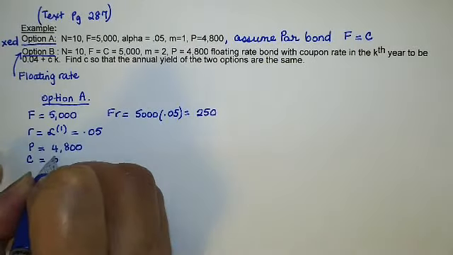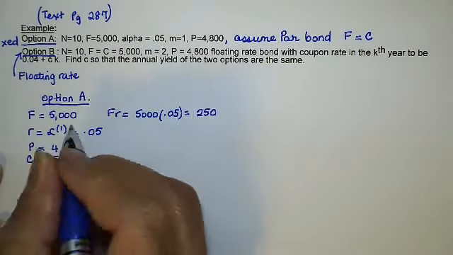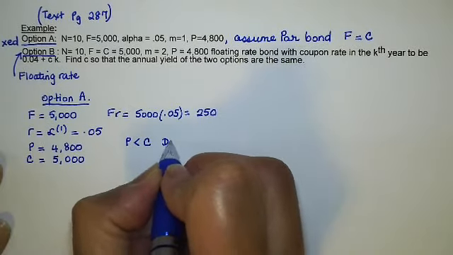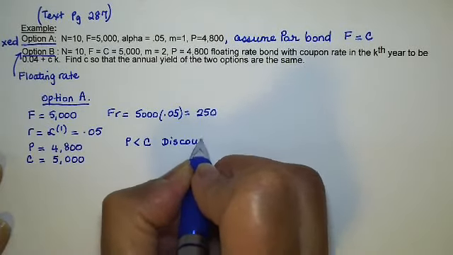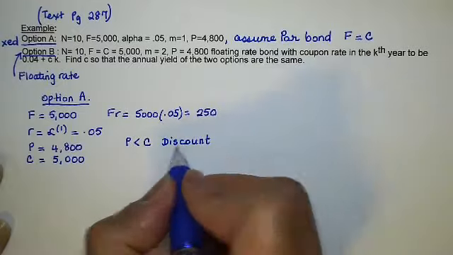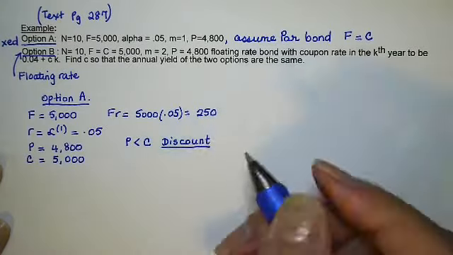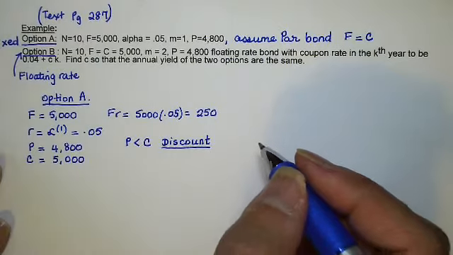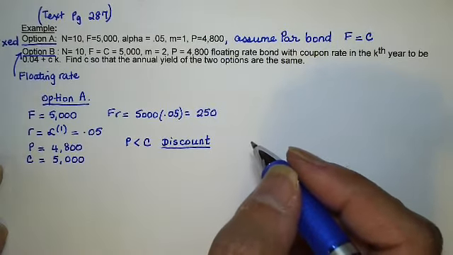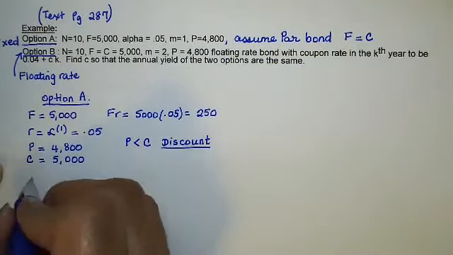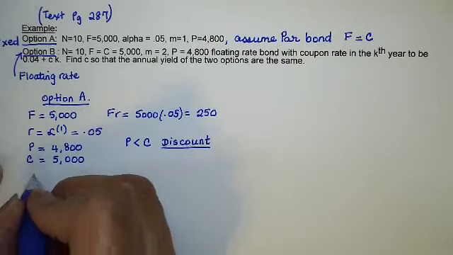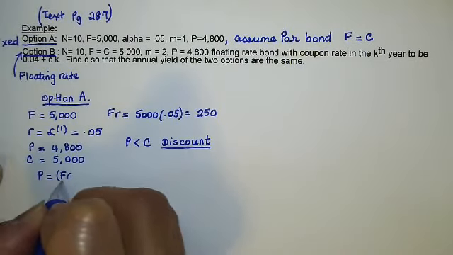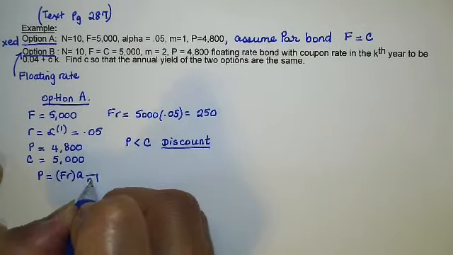Price is equal to 4,800. Redemption is equal to 5,000. P is less than C. There's a discount situation. The only unknown here is the yield rate J. Let us find J. So let's use our basic price formula.